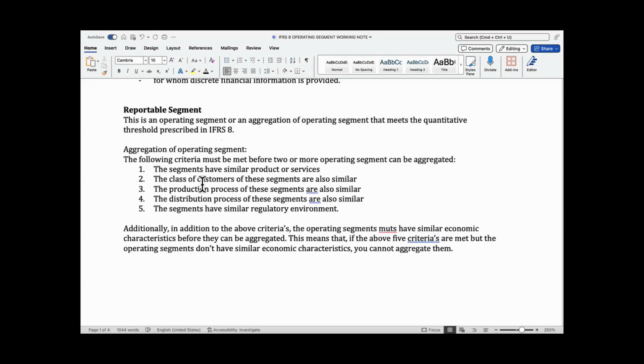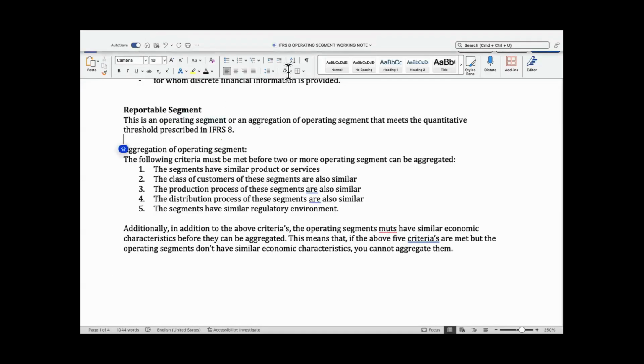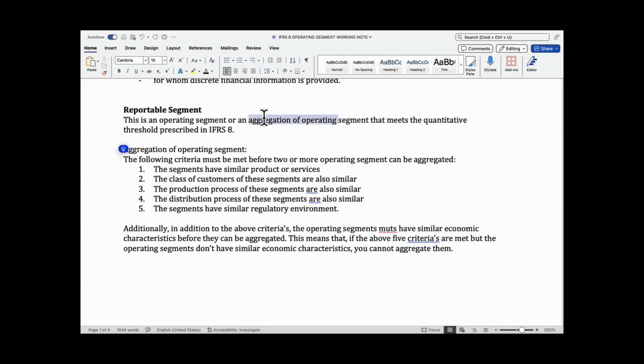Now, that's aggregation. Now, the second: whether you have an operating segment or an aggregation of operating segments, before they can be said to be a reportable segment, they have to meet some quantitative threshold. And what is that quantitative threshold?